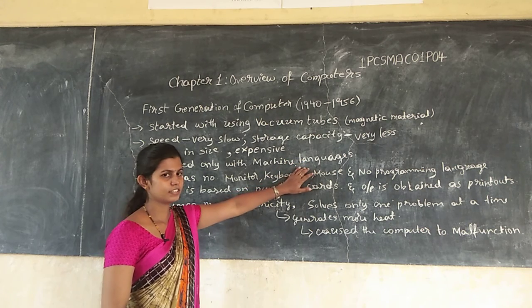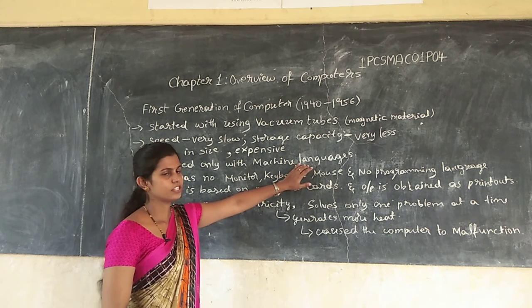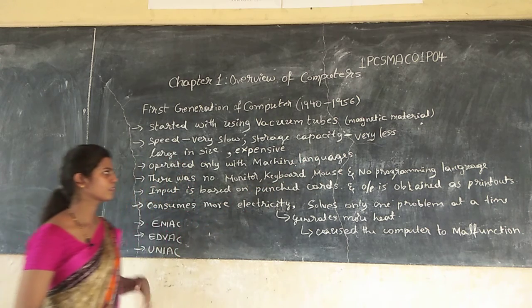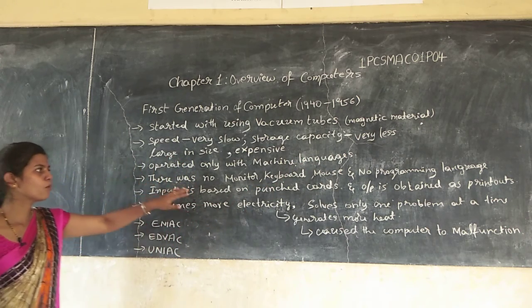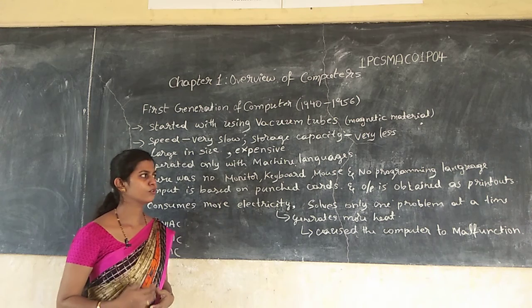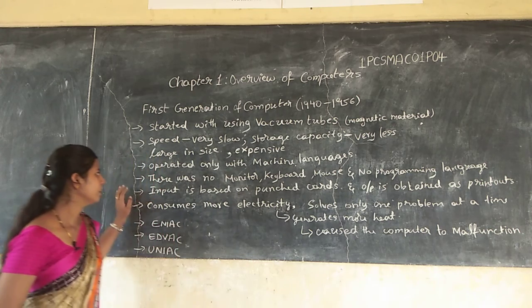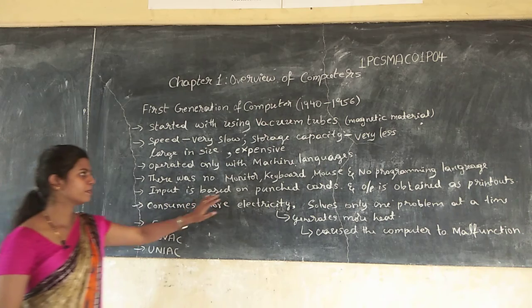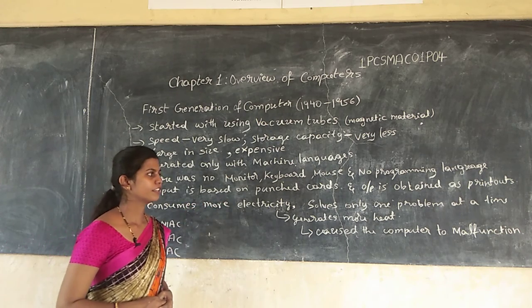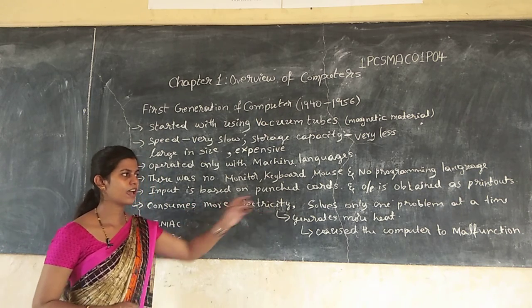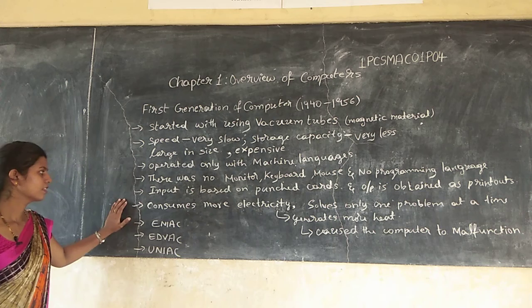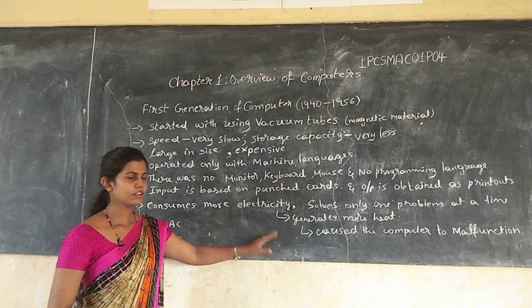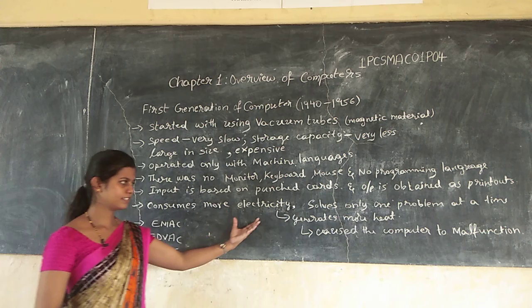Machine language means the language which the computer is capable of understanding. And there was no monitor, keyboard, mouse and no programming language in first generation of computers. Input is based on the punched cards and the output is obtained as a printout, and it consumes more electricity.